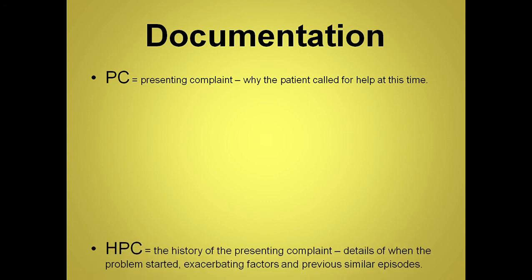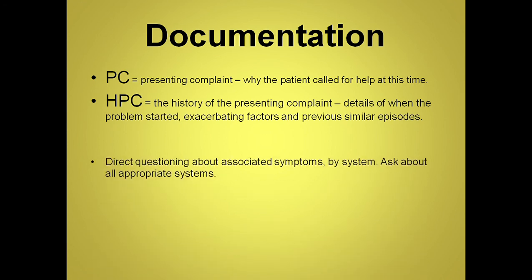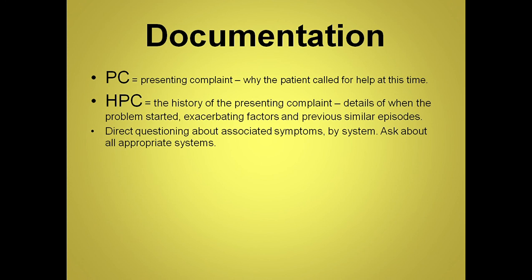Find out why the patient called for help at this time. That moves us straight into the history of the presenting complaint, and we can then take details of when the problem started, any exacerbating factors, and previous similar episodes. We can ask direct questioning about associated symptoms, but we're thinking about the systems of the body and we're going to work through system by system.